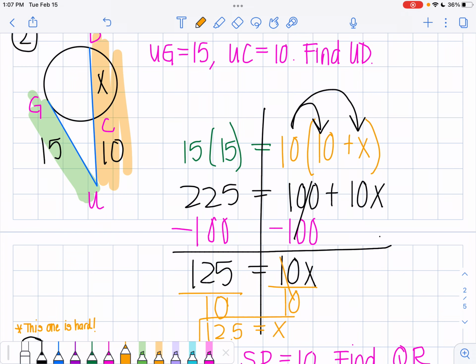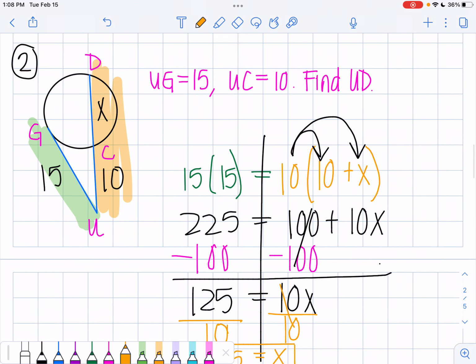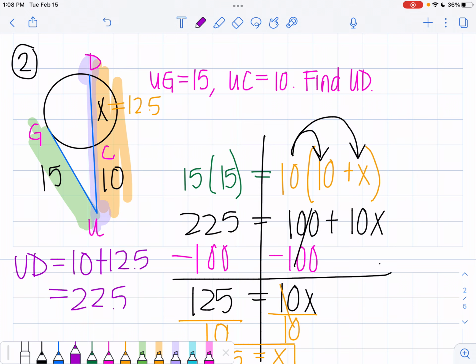Okay, and they wanted me to find UD. So if this part right here is 12.5, then to go all the way from U to D, I have to add them together. So UD is equal to 10 plus 12.5 or 22.5.